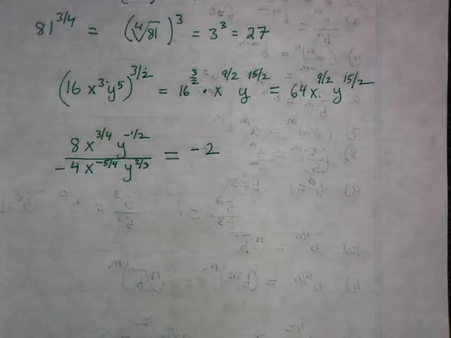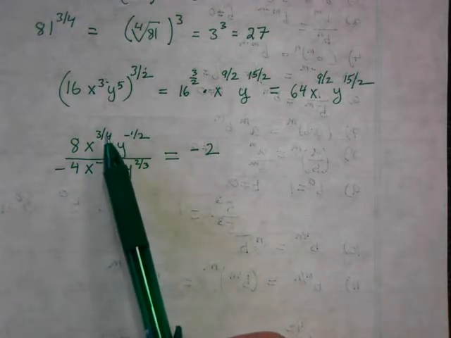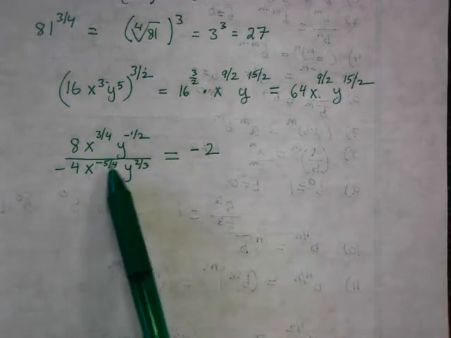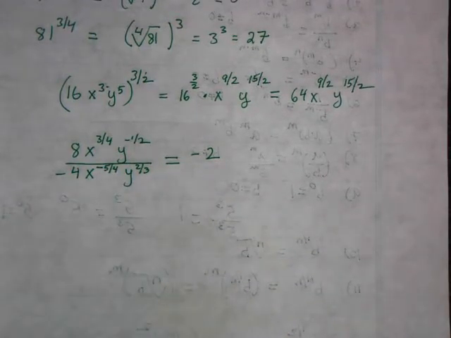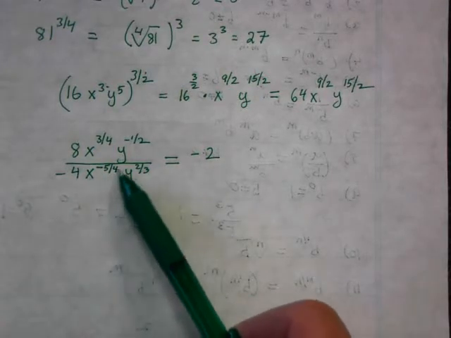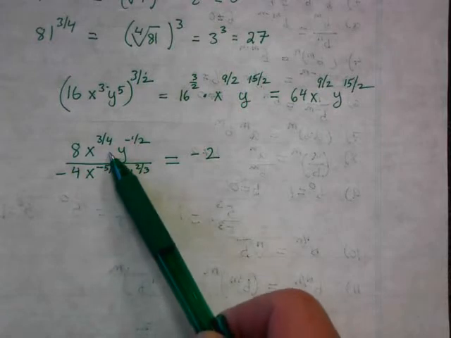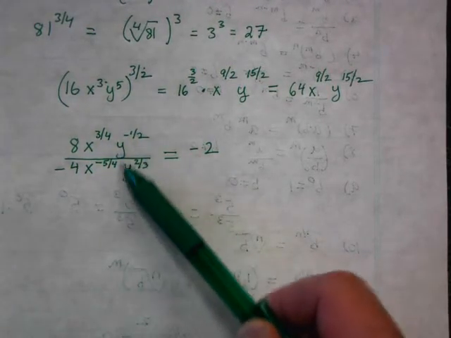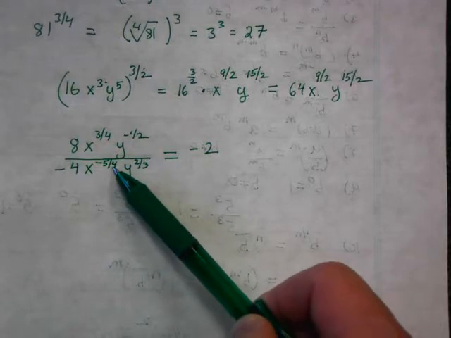All right, you've got 2 options. Option number 1 is go ahead and subtract. So you're going to have 3/4 minus negative 5/4. The other option is to take this x, which has a negative exponent, and bring it to the top, and at the same time take this y, which has a negative exponent, and bring it to the bottom. And that's what I would prefer to do.